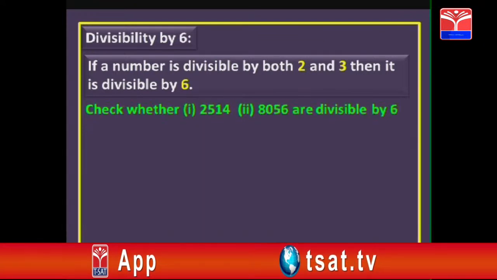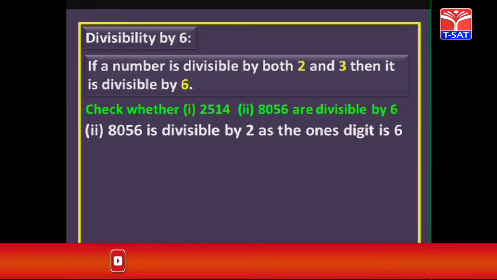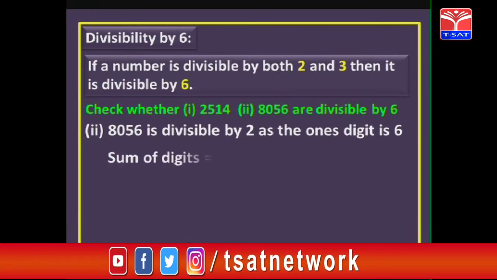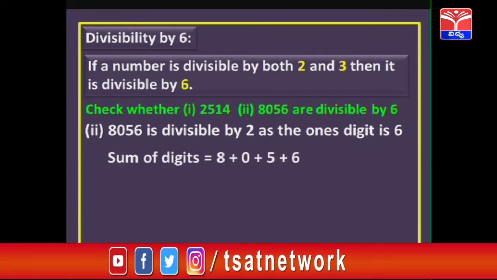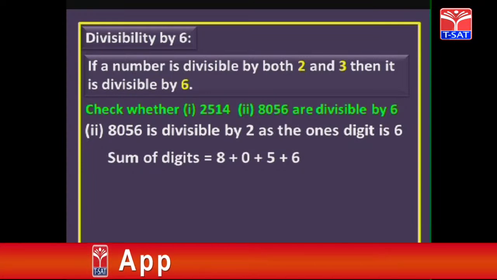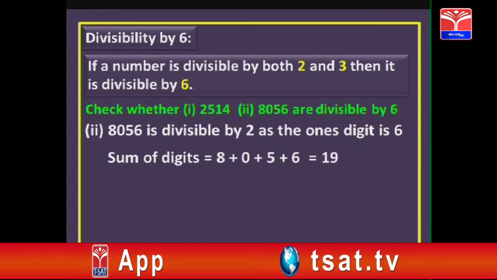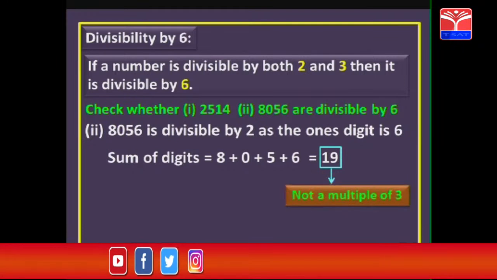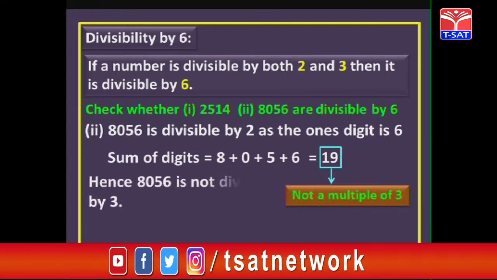Let us move on to our next example, that is 8056. Since in the ones place we have 6, this number is divisible by 2. Now let us see the sum of digits, 8 plus 0 plus 5 plus 6. What do you get, children? Yes, you are going to get 19. Now is 19 a multiple of 3? No. So we can say that 8056 is not divisible by 3.